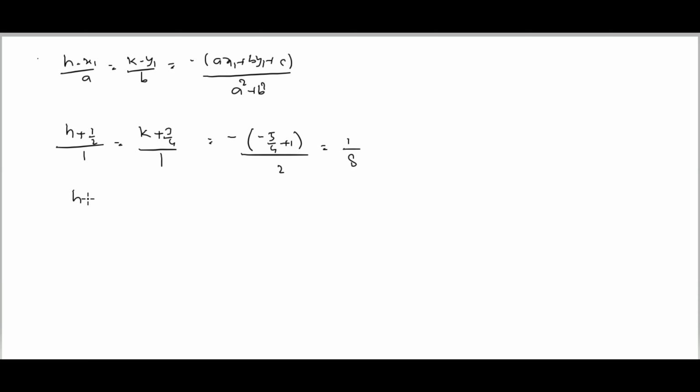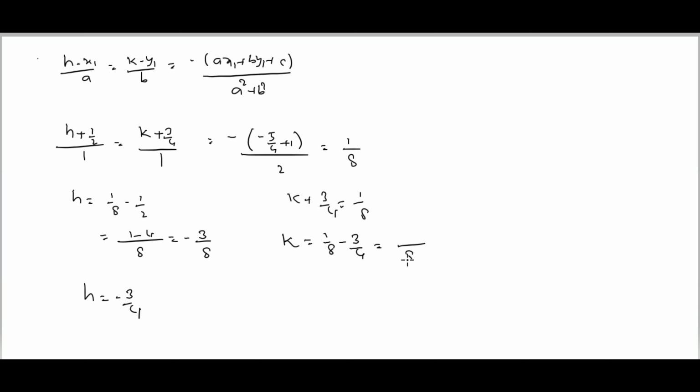Therefore h is equal to 1 by 8 minus 1 by 2, that is, take LCM 8, 1 minus 4, that is equal to minus 3 by 8. Therefore h value is minus 3 by 8 and k plus 3 by 4 is equal to 1 by 8. Therefore k is equal to 1 by 8 minus 3 by 4.